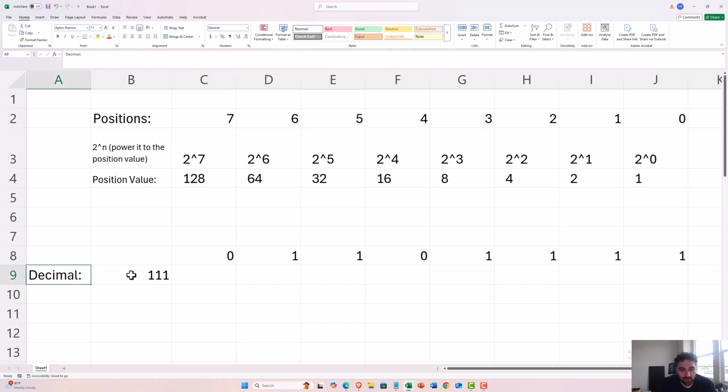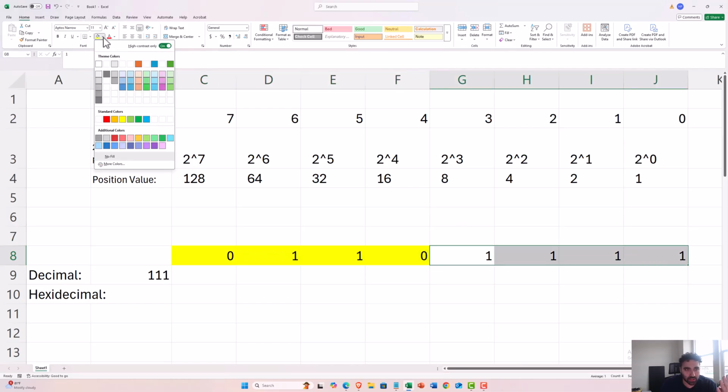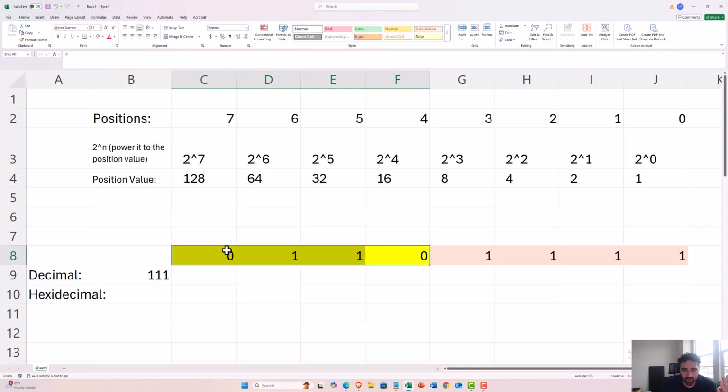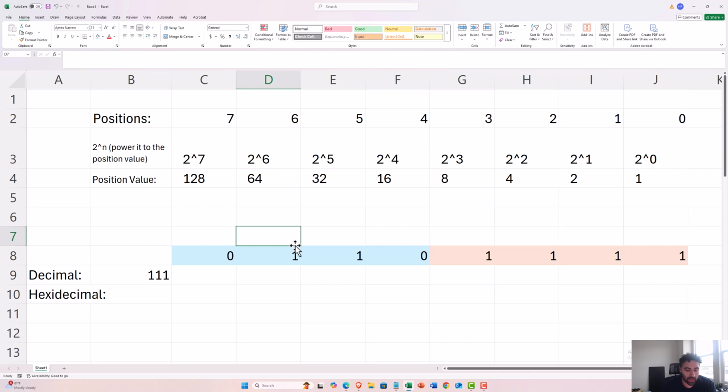Now, if we wanted to convert this 111 into hexadecimal, remember hexadecimal is 16, so that's 4 bits. So what we would do is split this up. We'll do yellow, and then let's say another color, orange. This would be the first part of the hexadecimal, and this would be the second part of the hexadecimal.